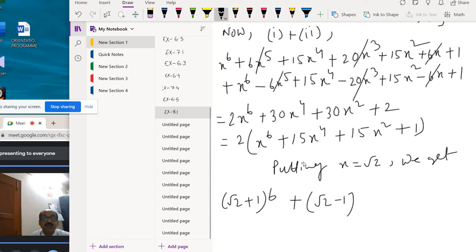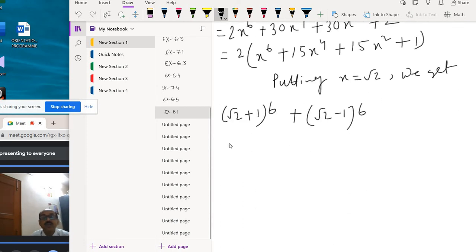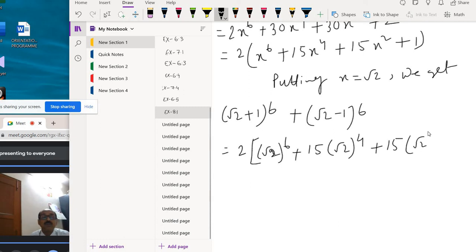This equals 2 into root 2 to the power 6 plus 15 into root 2 to the power 4 plus 15 into root 2 square plus 1.